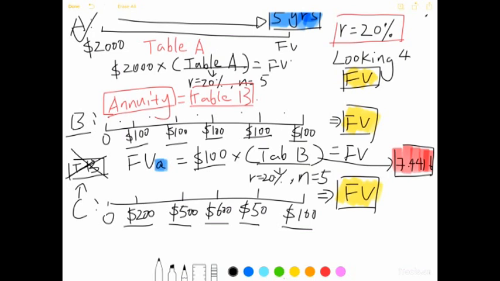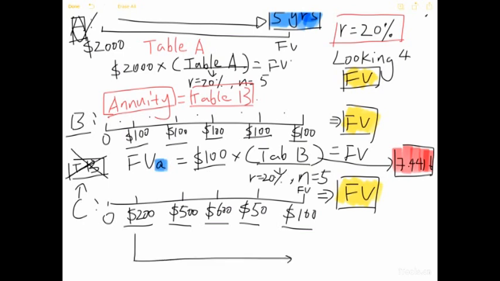So essentially what we are going to do is what we do in scenario A, except we have to do it one by one. So let me illustrate that. When we look at period 1, which is $200, we are treating that as your present value, and then use that $200 times your table A factor with an interest rate of 20%.